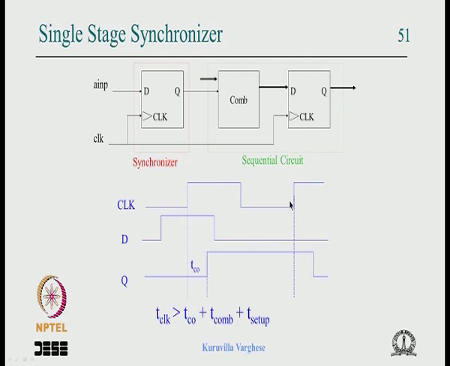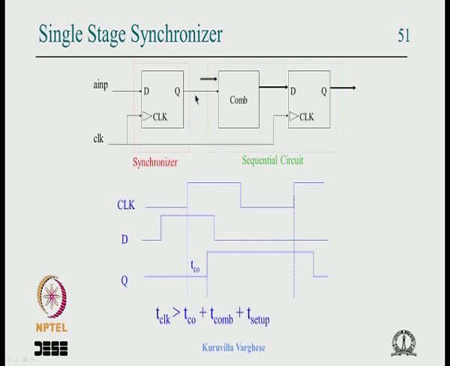Now we are sure that when the next clock edge comes here, it is setting up properly because much before that the data is set up here. Now you have the time for it to propagate through the combinational circuit and meet the setup time. Okay. So that is how it is synchronized.